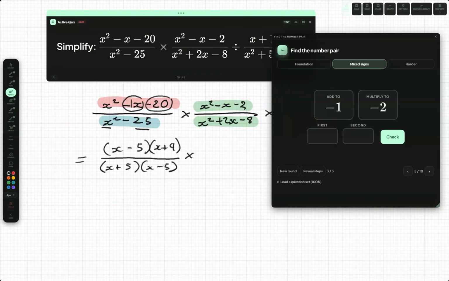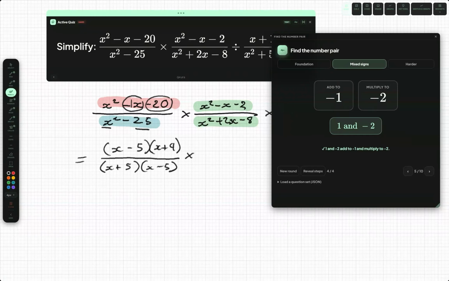Okay, what are our products? One's going to be 1, one's going to be 2. 1 times 2 is our only option. Which one's going to be negative? If we need it to add to a negative number, then one of them has to be negative. It has to be the larger one. 1 plus -2 is going to be -1. 1 times -2 is going to be -2. Right, so now we can just rewrite this as x minus 2 times x plus 1.